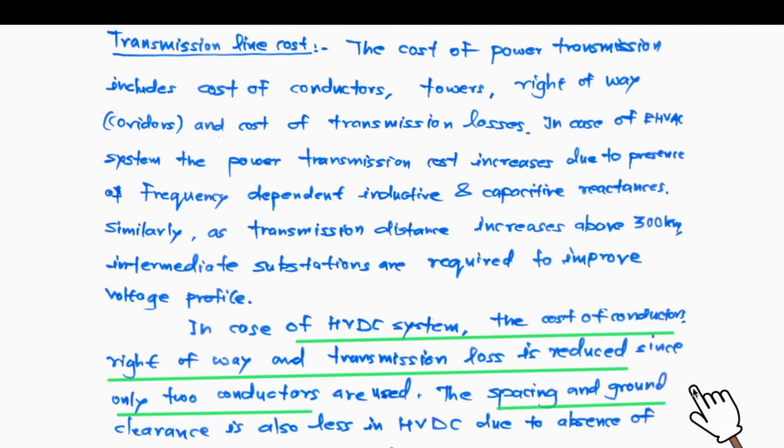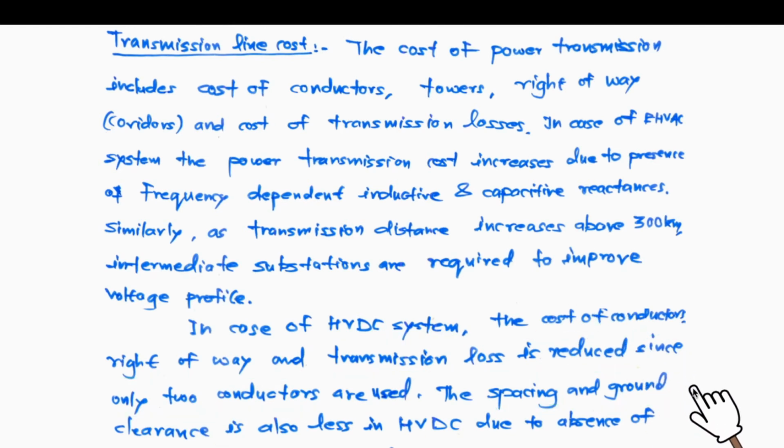So in an HVDC system, the cost of conductor is reduced, the cost of towers is reduced, and since the number of towers is less, the cost of space required for installing towers is reduced. And also, since there is no inductance and capacitance effect, there is no line loading on this account, and consequently transmission losses are also reduced.